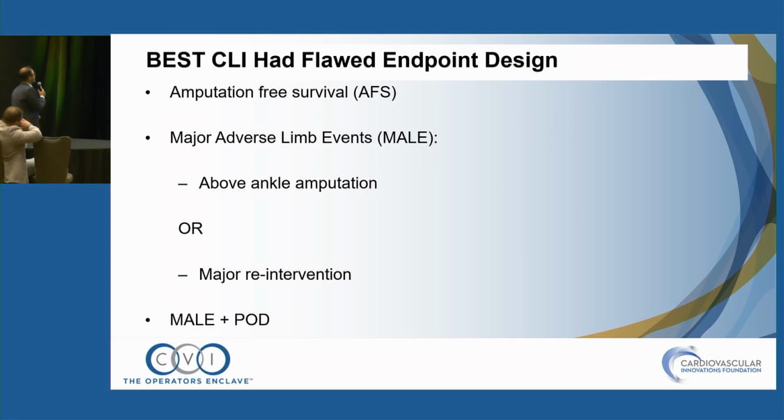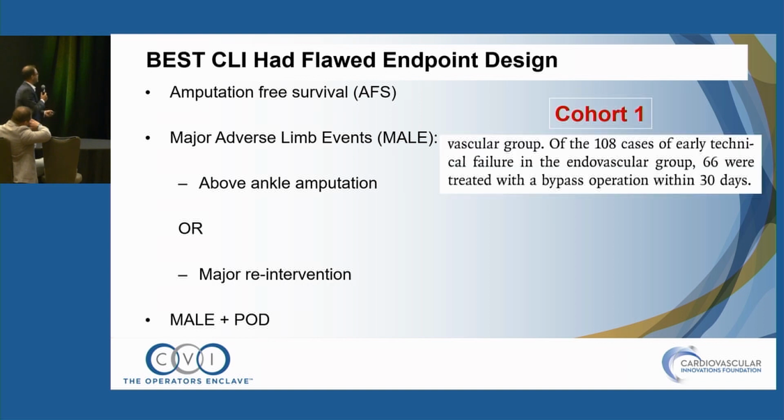Then I had major issues with the endpoints: the amputation-free survival, the MALE, which was above ankle and below ankle. But most importantly, the endpoint that really bothered me was reintervention. The reason this was important is that in cohort 1, there were 108 cases that had technical failure. Remember I told you 15% of the patients were not successful. They never got the drug, never got the therapy that you wanted to test.